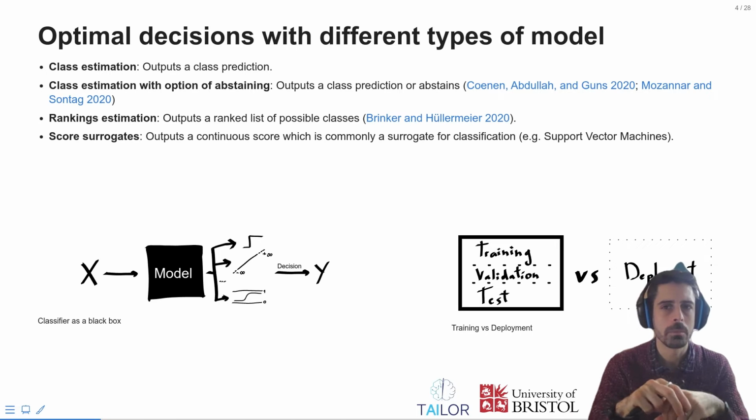Those types of models can be adjusted to make optimal decisions even if they were trained without considering the costs, if we have an additional validation set later on, during deployment for example, in which we can decide the best thresholds in order to make each prediction.